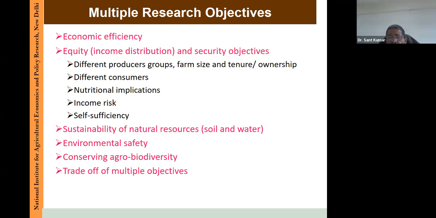We keep in mind different producer groups, different size groups, different tenurial systems, ownership, different consumers, their nutritional implications, the income risk, self-sufficiency, and the sustainability of the resources. We also keep in mind environmental safety, conserving agrobiodiversity, and the trade-off of the above objectives.